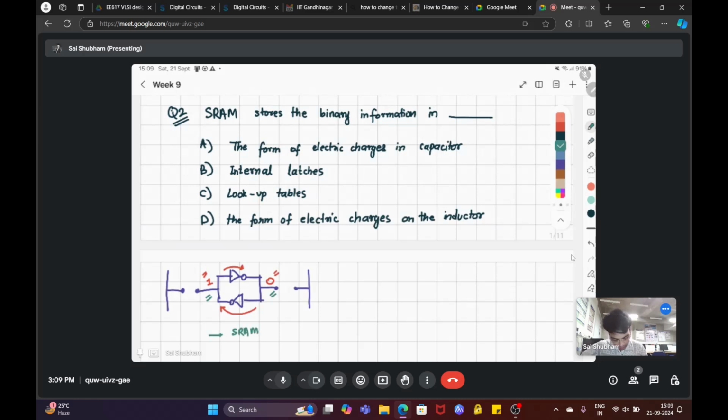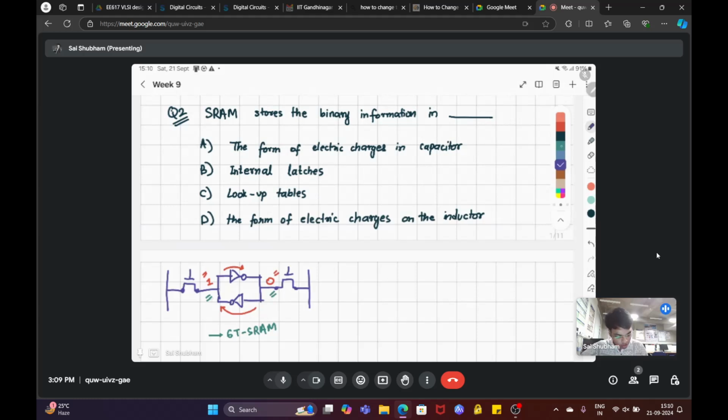This is a very simple SRAM, also known as 6 transistor SRAM, because it is made up of 6 transistors. Each inverter has 2 transistors, PMOS and NMOS, so in total there are 4 over here, and there are access gates made up of NMOS. Even though you can see 1 and 0, these are complementary in nature.